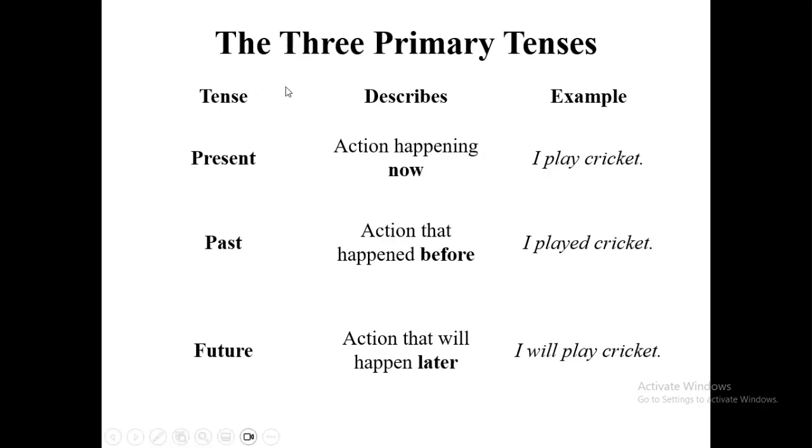So we have three primary tenses, three basic tenses. Number one is the present tense, the second one is past tense, and the third one is future tense. The present tense describes the action happening now.